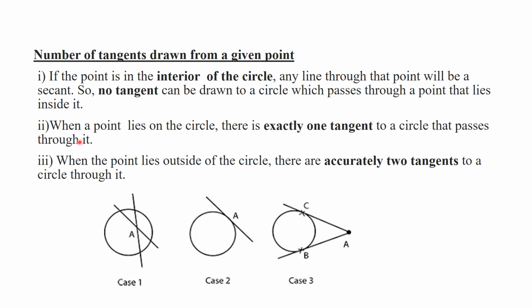Case 2. When the point lies on the circle, we can see there is exactly one tangent to a circle that passes through it. The case 3 is the point A lies outside the circle. We can see the tangents AC and AP, and therefore we can say there are exactly 2 tangents to a circle through it.